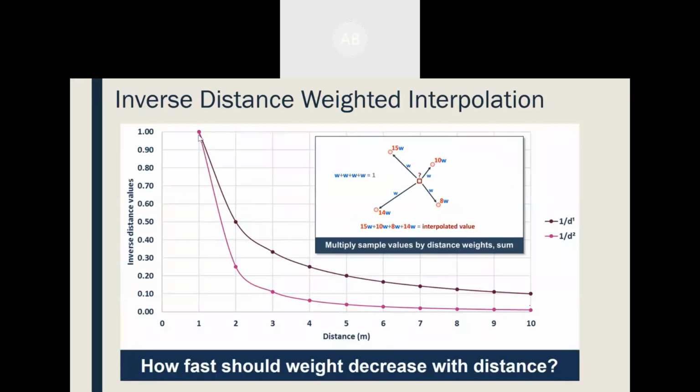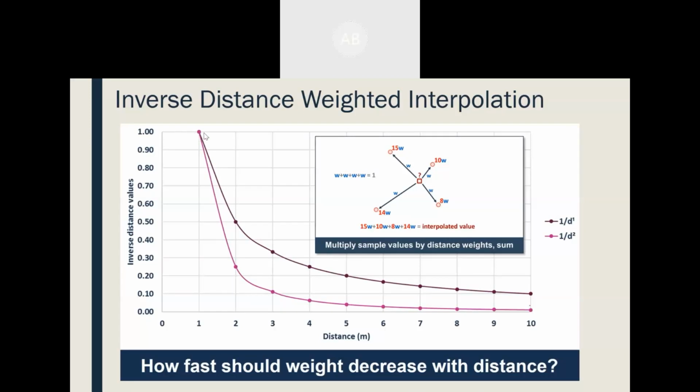So if you plot this along a curve, along the x-axis, that is the distance, and then along the y-axis, the inverse distance values 1 upon d, then you will see that at the point 1 you have the maximum effect.